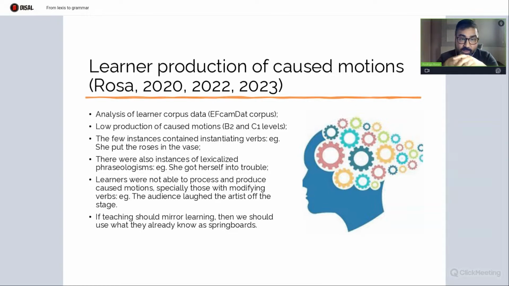So learners were not able to process and produce caused motions, especially those with modifying verbs, especially those kinds of sentences such as the audience left the artist off the stage, right? They couldn't actually process and produce these constructions. So since I am personally concerned with the teaching of language, I particularly believe that teaching should mirror learning.